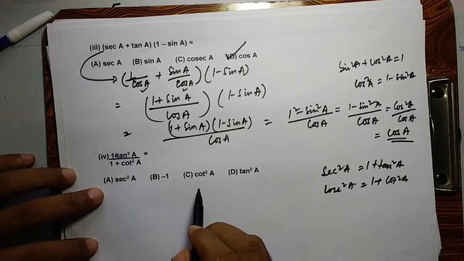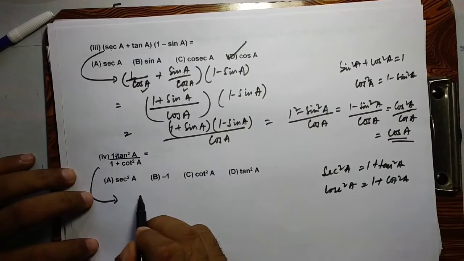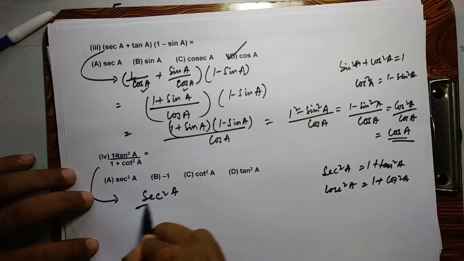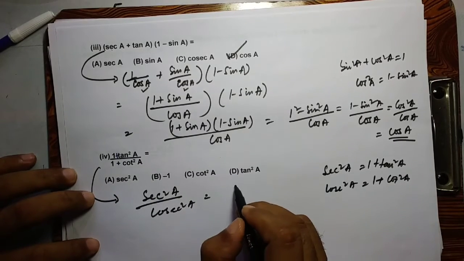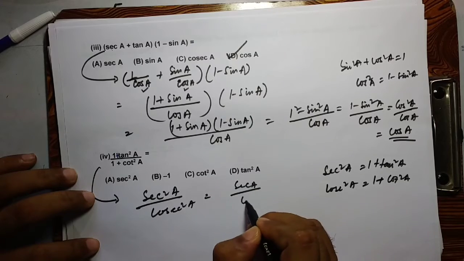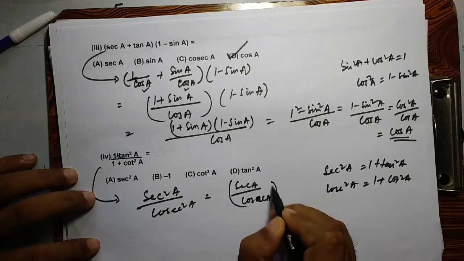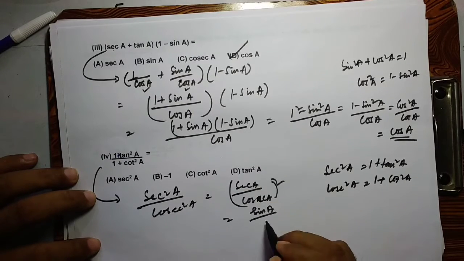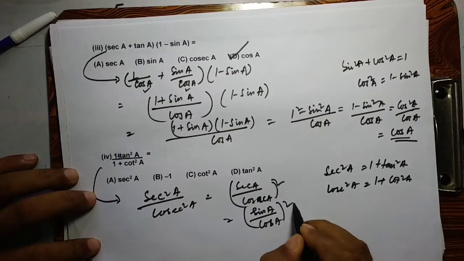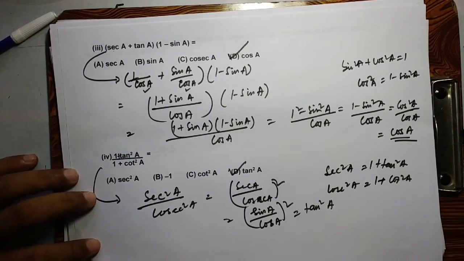So from this you can write directly that this will be sec square a over cosec square a. So this is sec a over cosec a whole square, or you can write cosec a is nothing but 1 over sin a, and sec a is 1 over cos a, and this is whole square, so this is tan square a only. Okay.